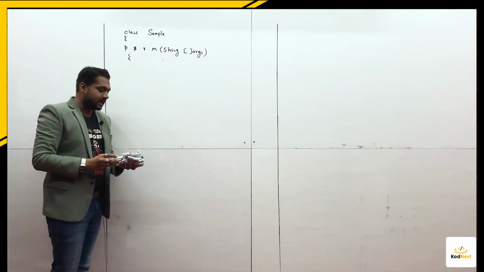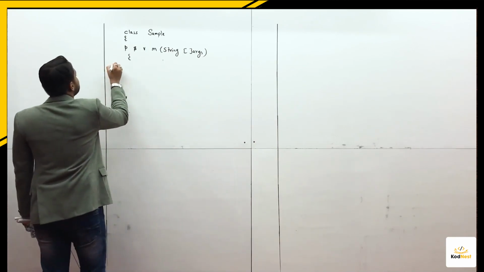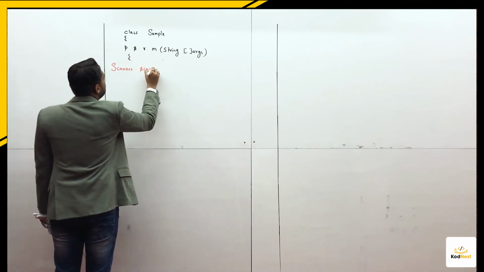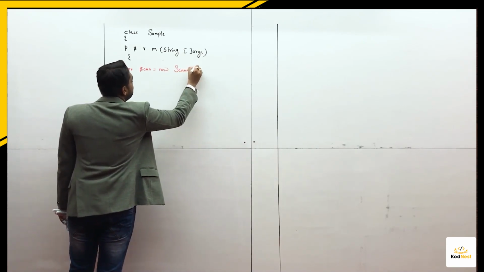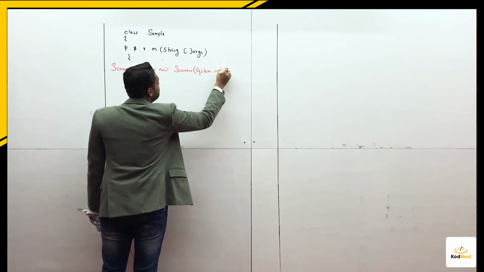Inside the main method, I have to take the input from the keyboard. So a Scanner object I would create like this: Scanner scan equals new Scanner of System.in.